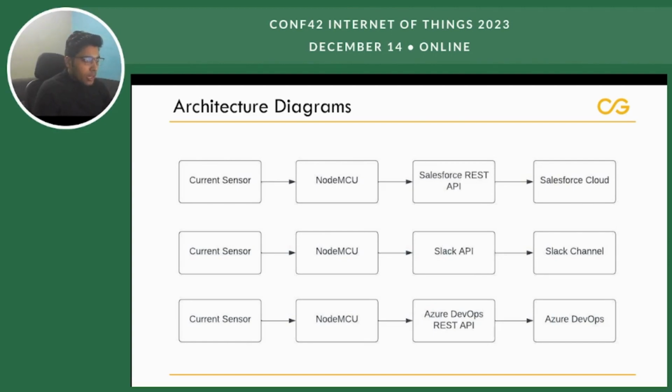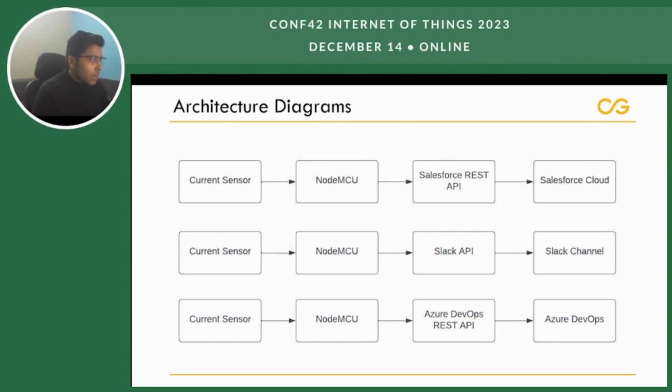By introducing a layer of middleware in between, we can easily integrate our existing enterprise or general software systems with our upcoming IoT systems, which can help us improve our business processes.